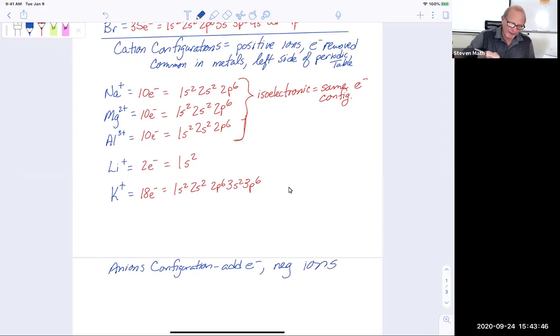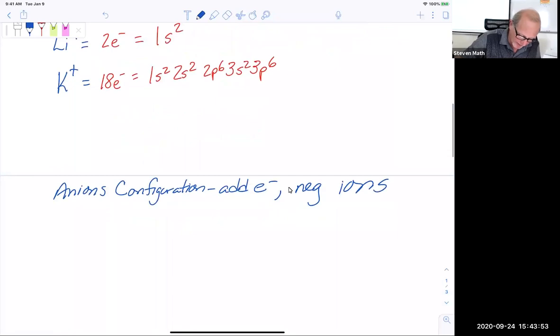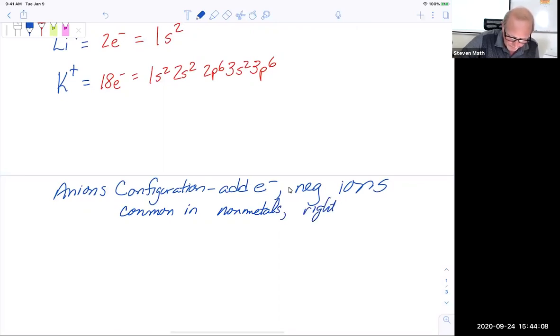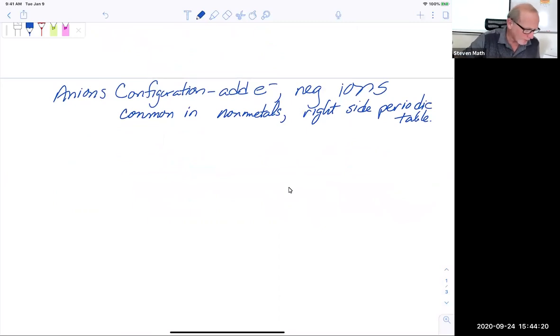And just like cations were common in metals on the left side of the periodic table, anions are going to be common in nonmetals. And those nonmetals are going to be on the right side of the periodic table. So common anions we're going to get.